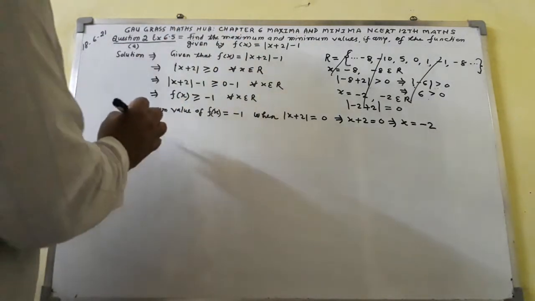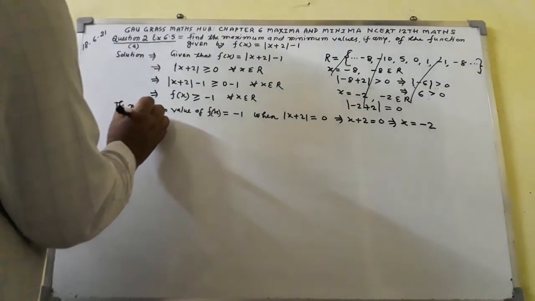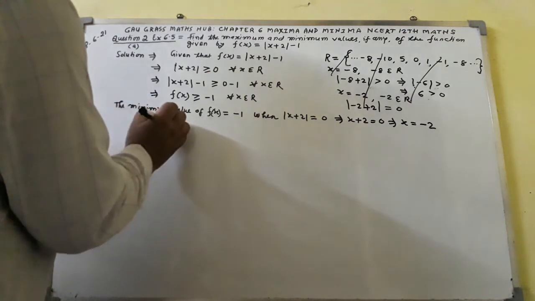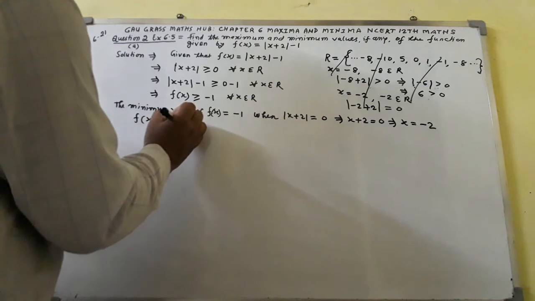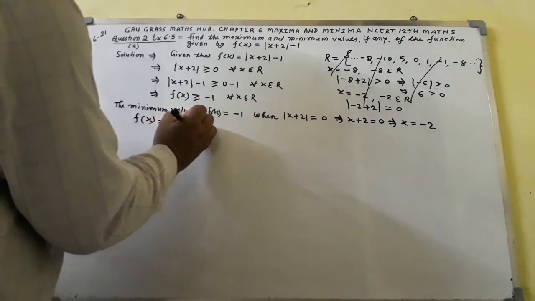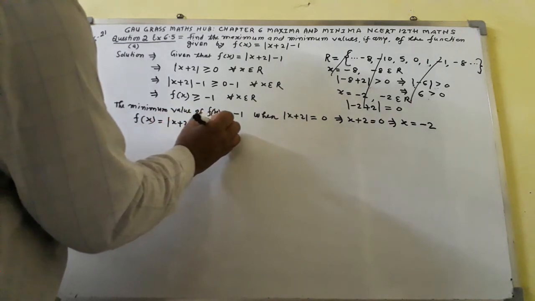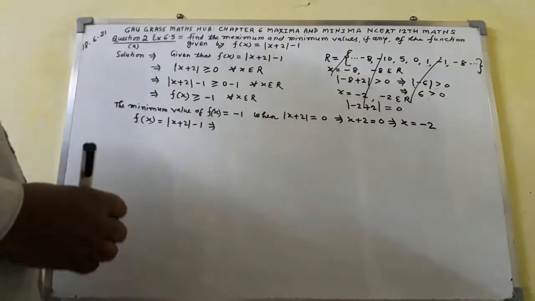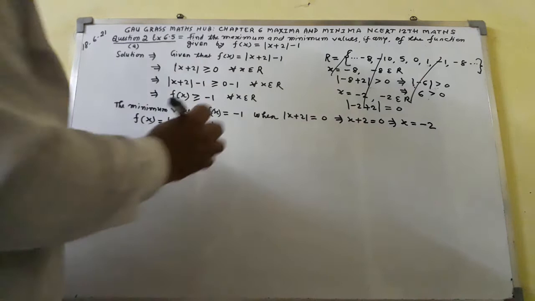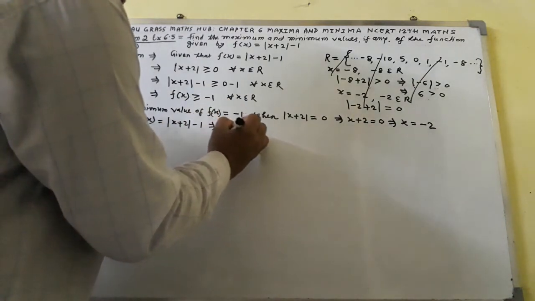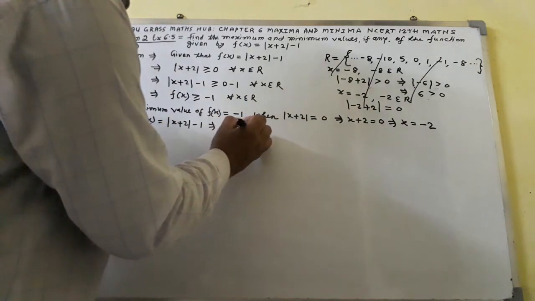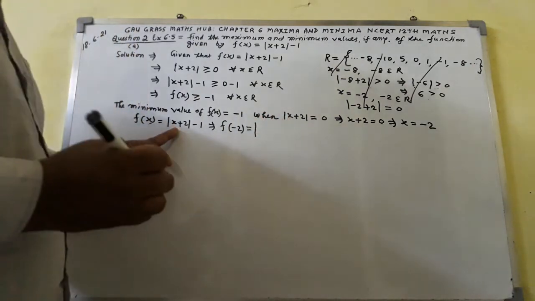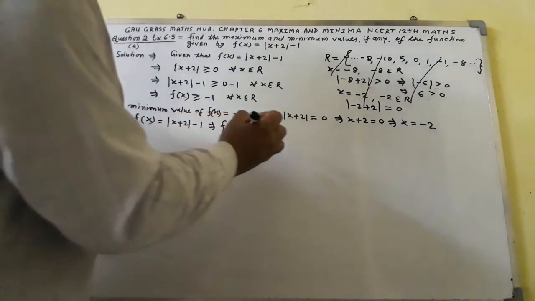So here I shall write f of x equal to mod x plus 2 minus 1, which implies, put x equal to minus 2. In place of x I shall write minus 2.